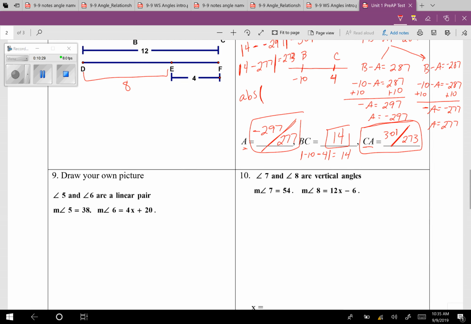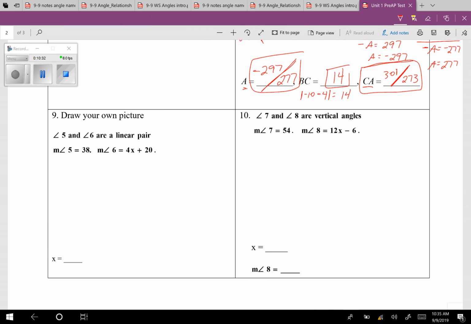Okay, next one. Number 9. It says draw your own picture. It says 5 and 6 are a linear pair, and that the measure of angle 5 is 38, and that the measure of angle 6 is 4x plus 20. Okay, so a linear pair. Just draw a line and put another angle there.